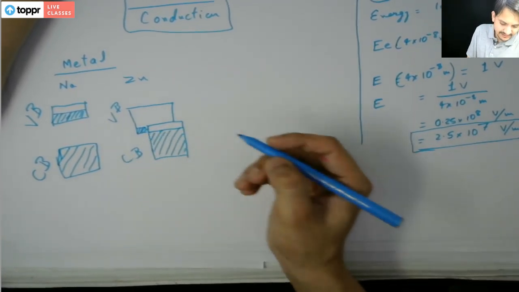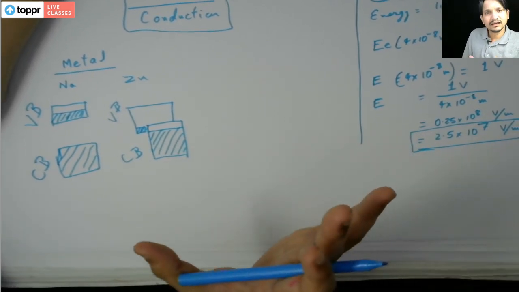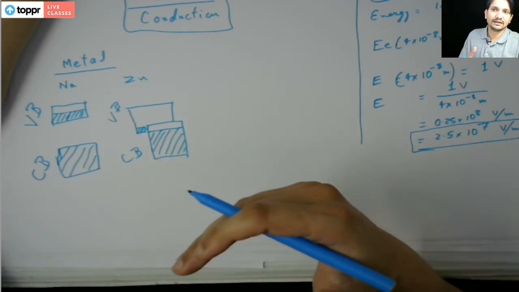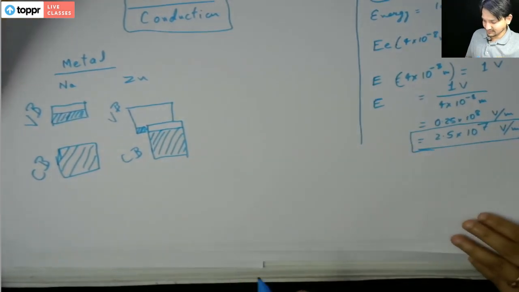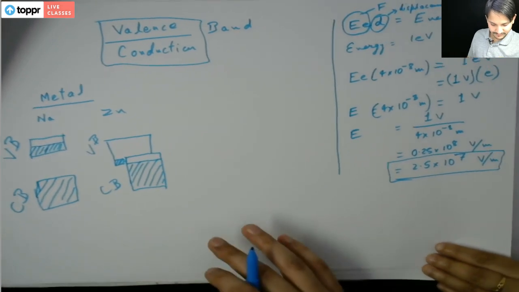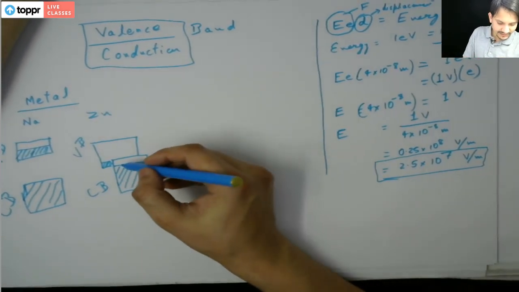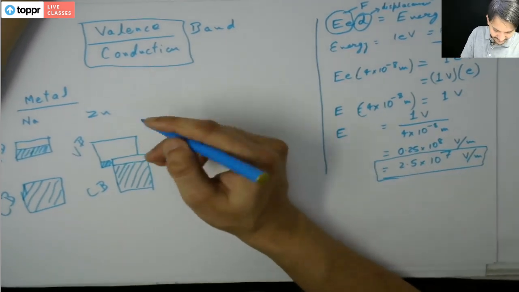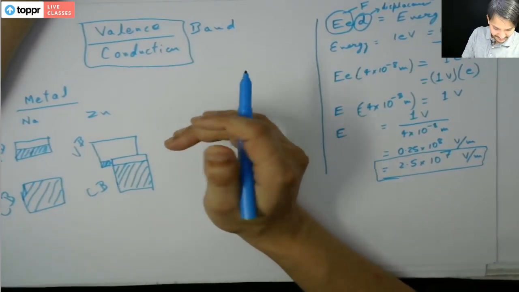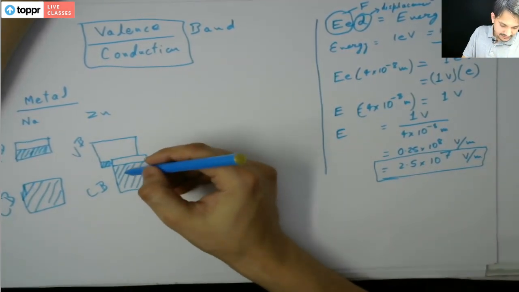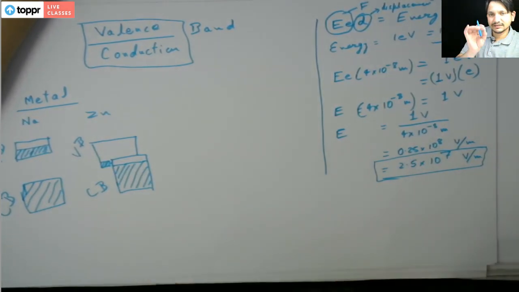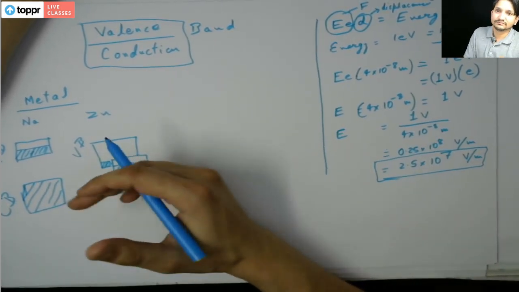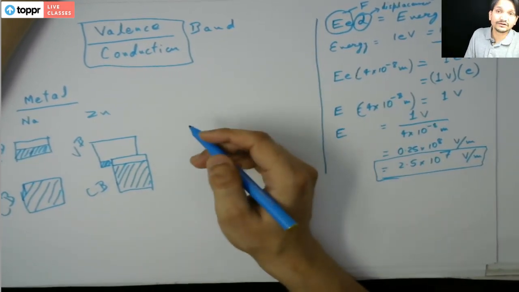But whenever there is even a little bit of energy difference because of an electric field or something, some electrons jump from one band to the other, and this is very easy for all these metals. And because of these small jumps, there are plenty of electrons available for conduction.